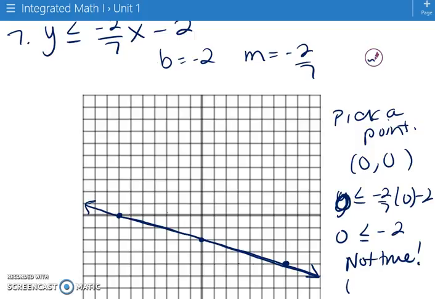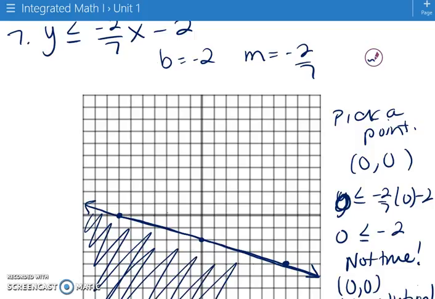So (0, 0) is not a solution. That means my line will be shaded at the bottom. All right. Cool. That's number 7.